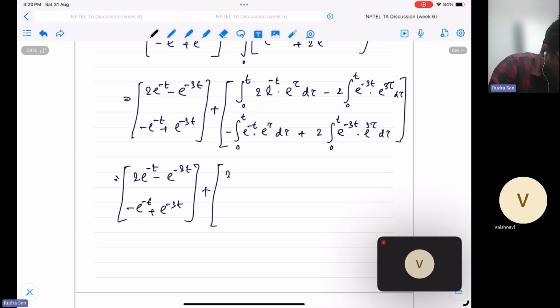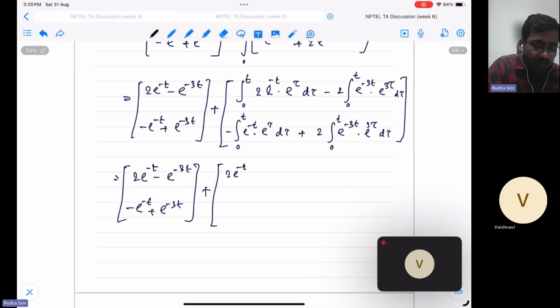So this is basically 2 e to the power minus t into e to the power tau, and e to the power tau is basically e to the power t minus 1, because e to the power 0 is 1. Here minus 2 into e to the power minus 3t. Now integration 3 is over here.